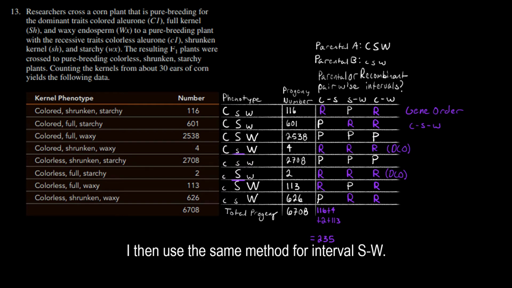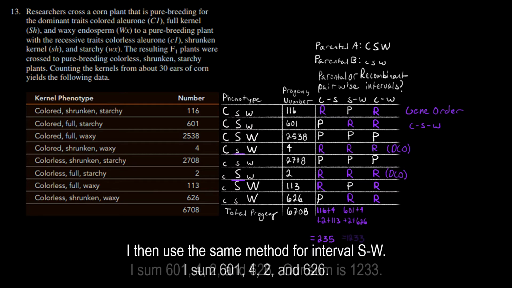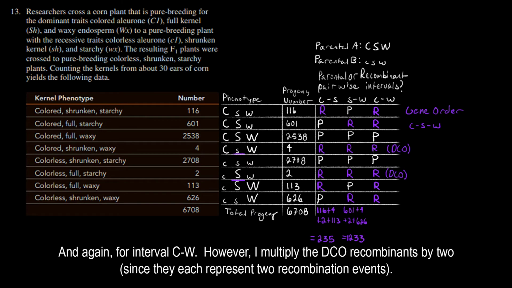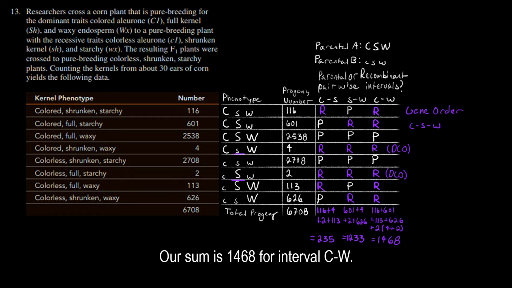I then use the same method for interval S and W, and I sum 601, 4, 2, and 626. Our sum is 1,233. I do this again for interval CW. However, I multiply the DCO recombinants by 2, since they each represent 2 recombination events. Our sum is 1,468 for interval CW.